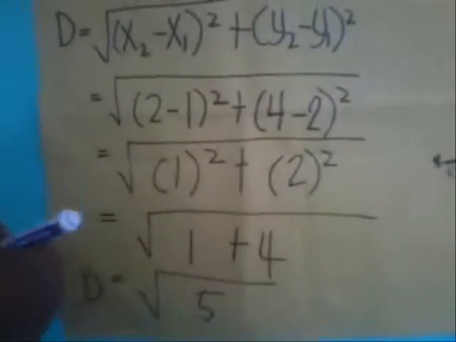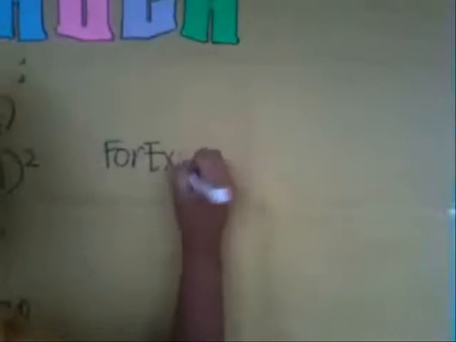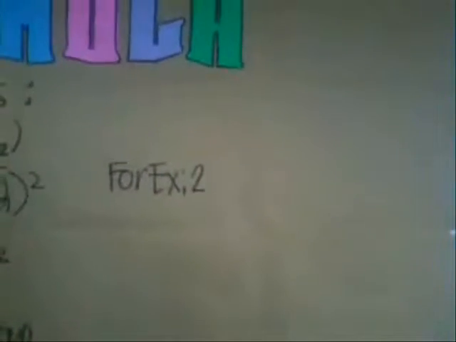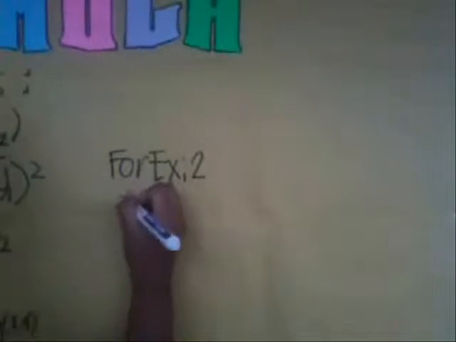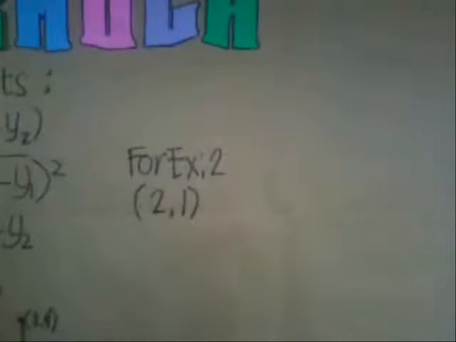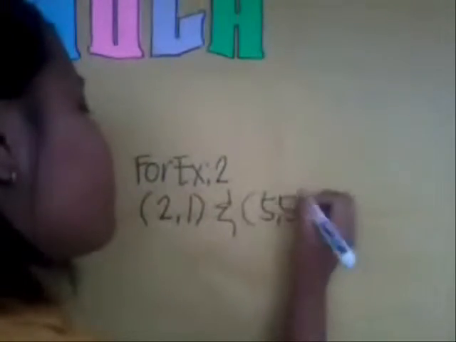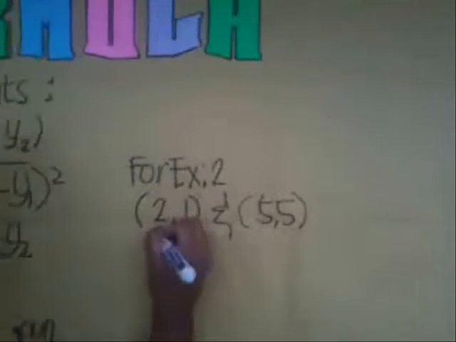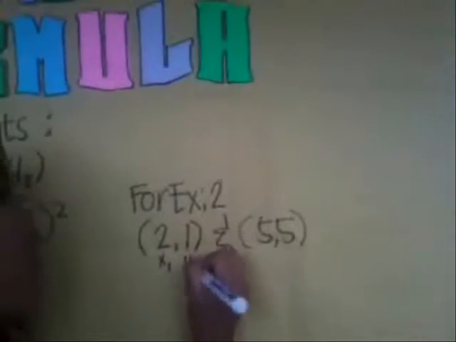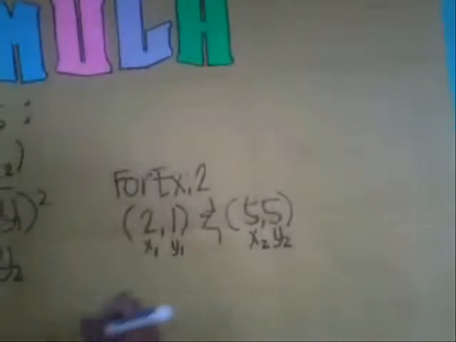So, for better understanding, here's another example. If we have points of 2, 1, and another value of 5, 5, this is x sub 1, and this is y sub 1, this is x sub 2, and this is y sub 2.